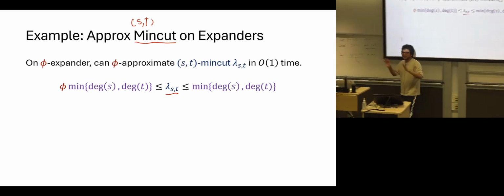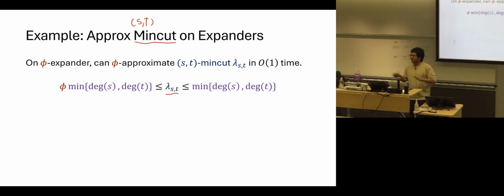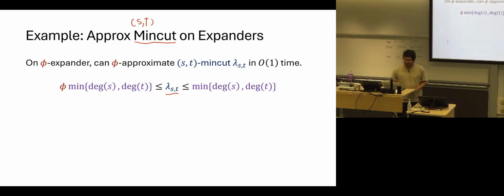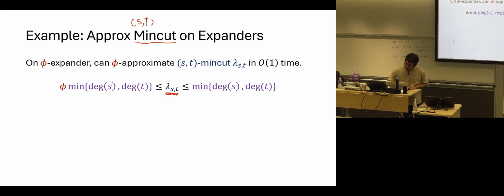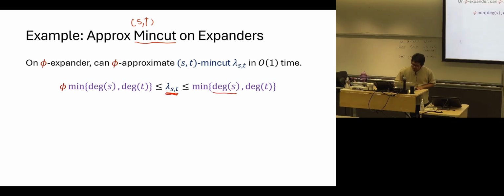Suppose that you know the degree of every node already. I claim that lambda is at most the minimum of the degree of s and the degree of t, and it's sandwiched by the same thing but with a factor of 5.